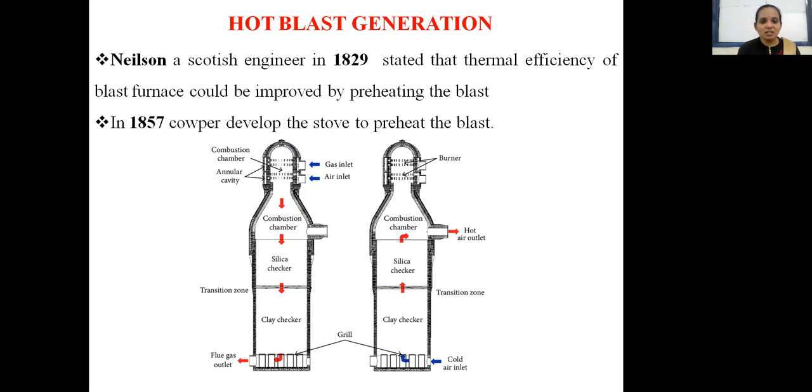That is called blast. If that blast of air is preheated to around 1200 to 1300 degrees Celsius, then we can maintain the thermal efficiency of the blast furnace properly, and we can increase the production rate and reduce the production cost.